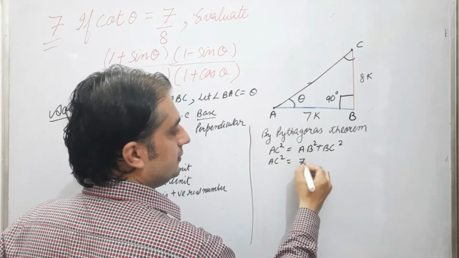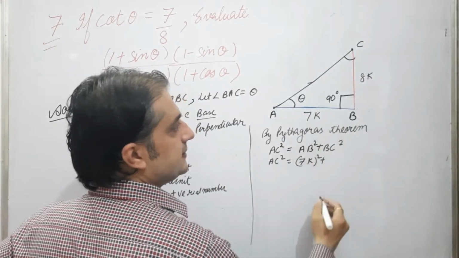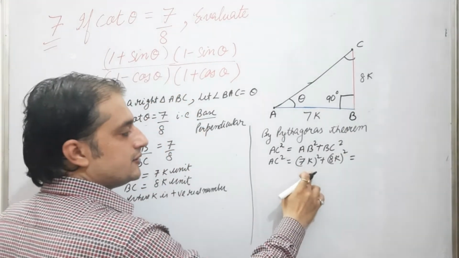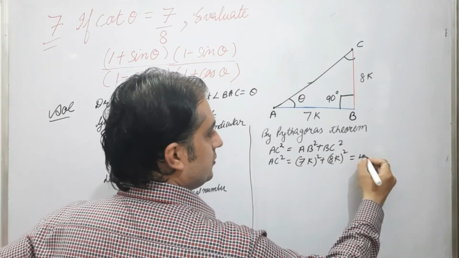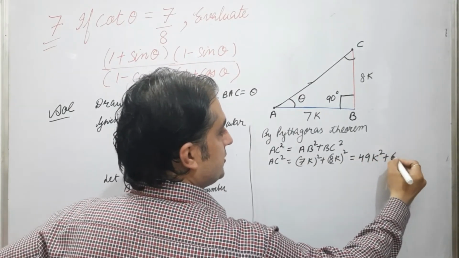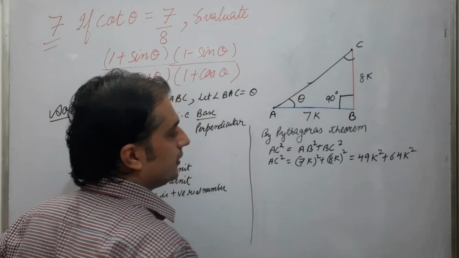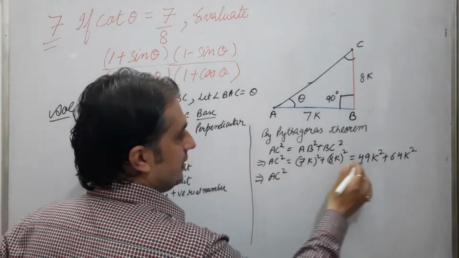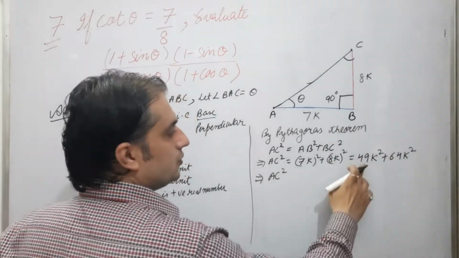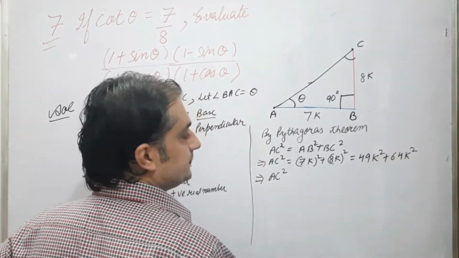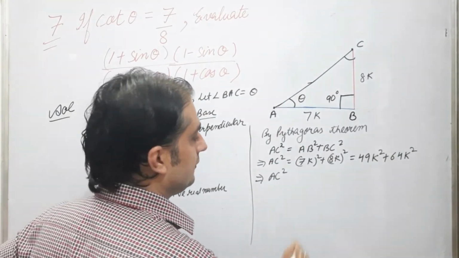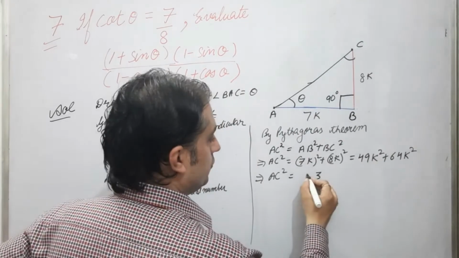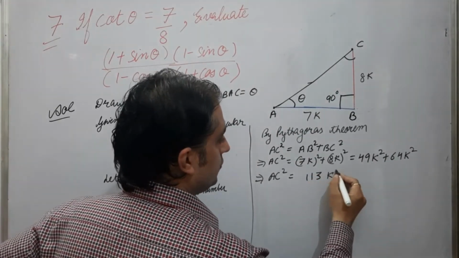AB is 7k square, BC is 8k square. 7k square, 7 into 7, 49, k into k square. So 49k square plus 64k square, 8 into 8 and k into k. So AC square, because these two terms are like terms, 49k square plus 64k square, it will become 113k square.